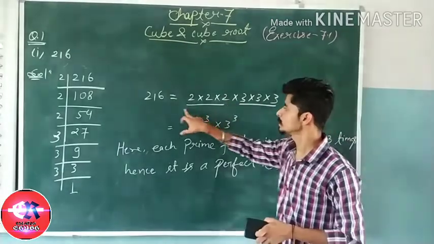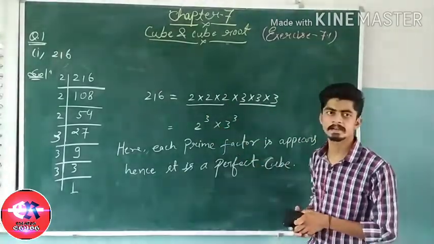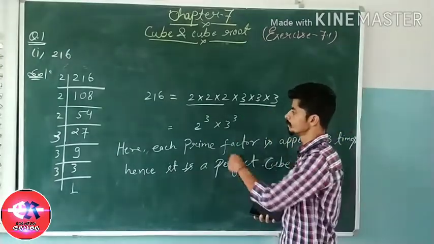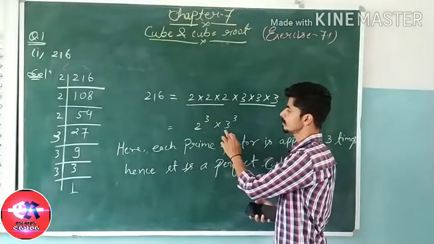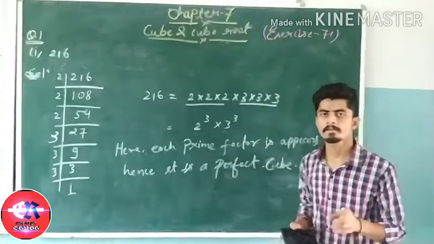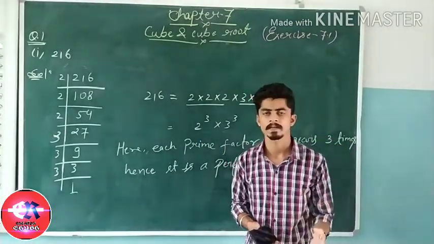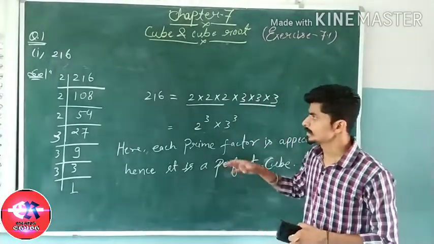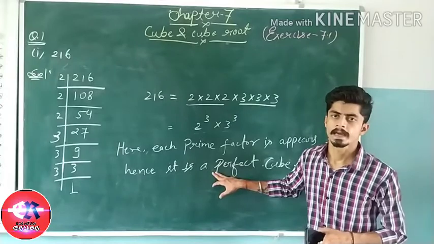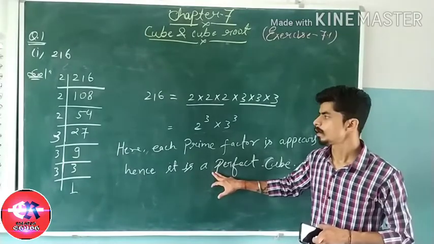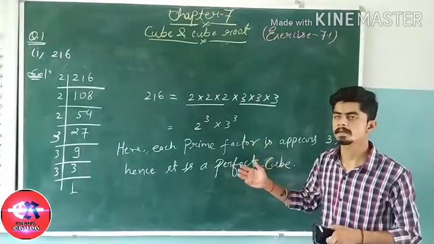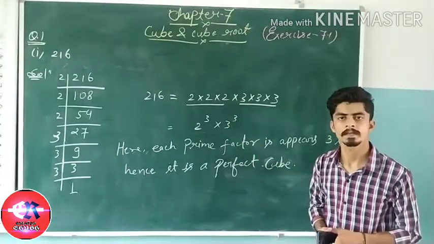That means here 2 is repeated 3 times, and 3 is repeated 3 times. If a number has its prime factors repeated 3 times, then that number can be a cube of a particular number, or we can find the cube root of that number.